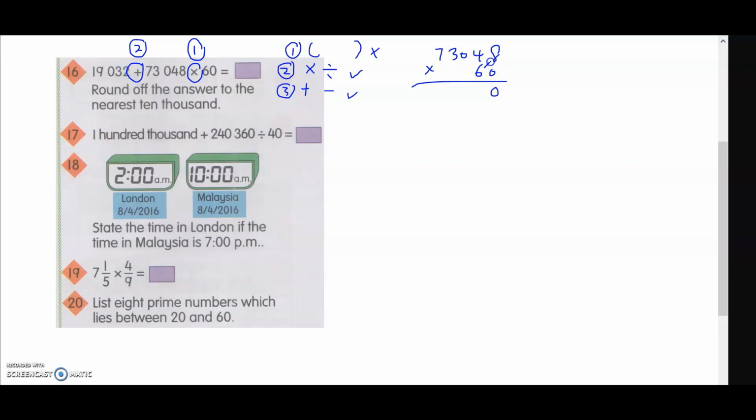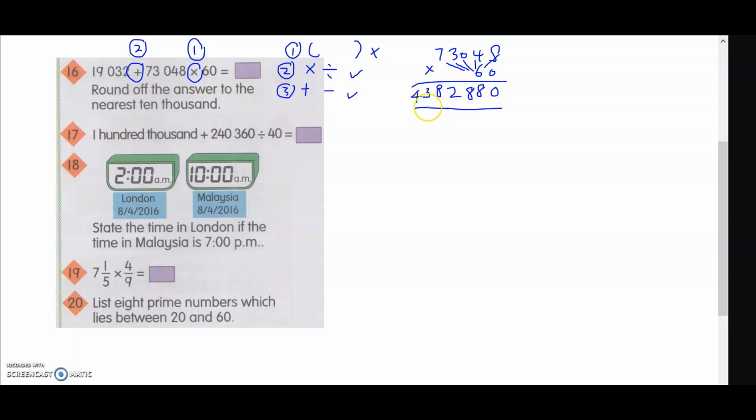Then you use 6 to times 8 times 4 times 0 times 3 times 7. So you take 73,048, you times 6, you get 438,288.